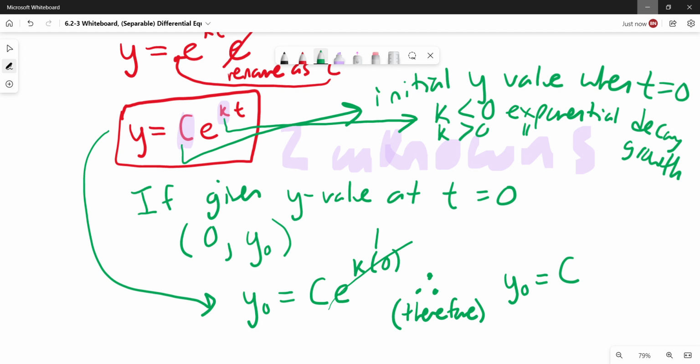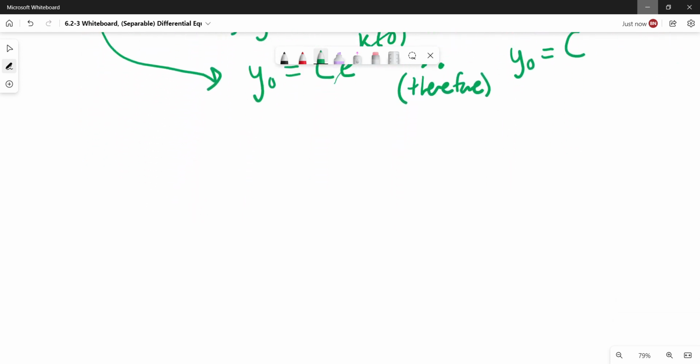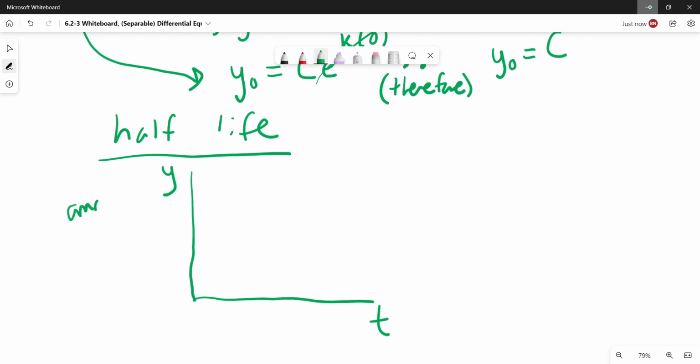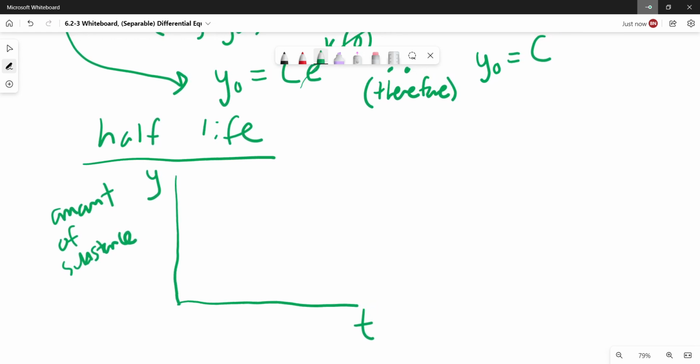What is half-life? If you're plotting time on one axis, and y, the amount of a substance exponentially decaying, on the other.